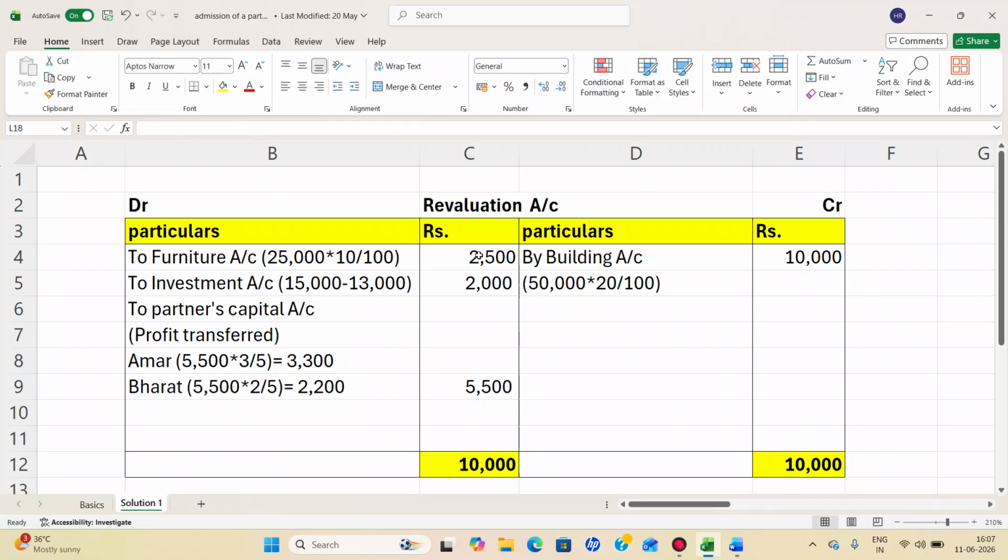If we deduct these 2,500 and 2,000, we get 5,500. We should not write it directly; that is 'by partners capital account', profit transferred. Amar's is, I have already said, 3 is to 2. 3 is Amar's, 2 is Bharat's. So 3 by 5, 2 by 5. We get 3,300 for Amar and 2,200 is Bharat's. If we add these two, we get 5,500. In this way, we have to write a revaluation account.